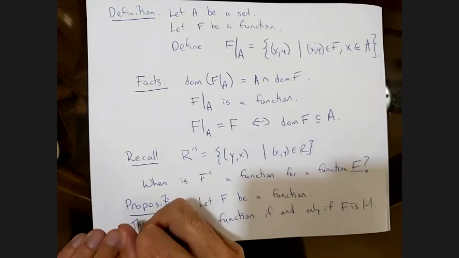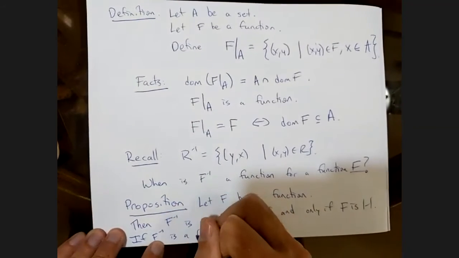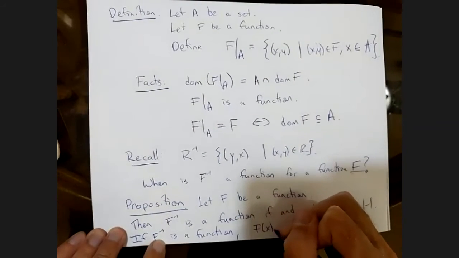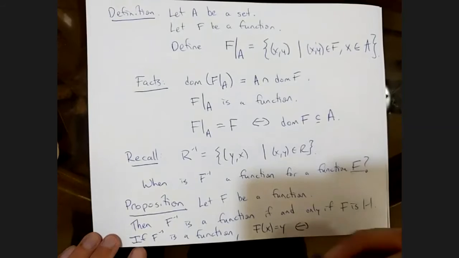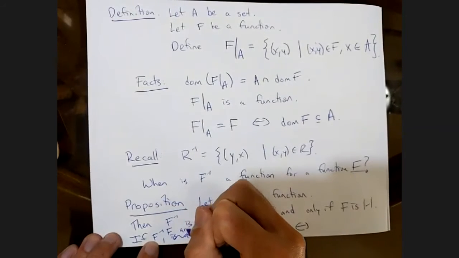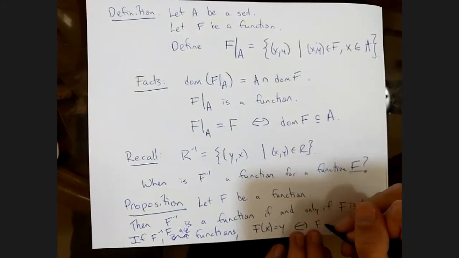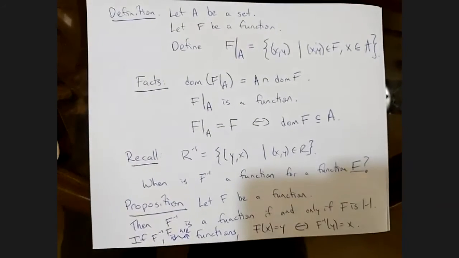And if F inverse is a function, we have the equation: if F inverse and F are functions, F of x equals y if and only if F inverse of y equals x.